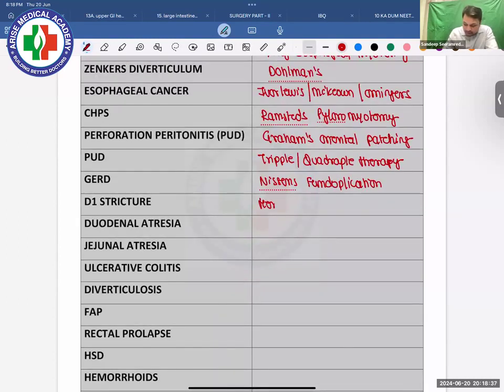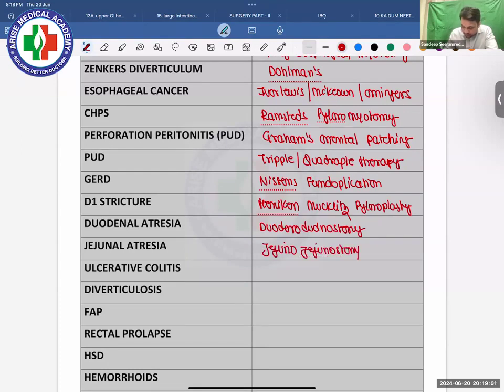The name is Heineke-Mikulicz pyloroplasty. For duodenal atresia, it is duodenostomy. For jejunal atresia, it is jejunostomy.